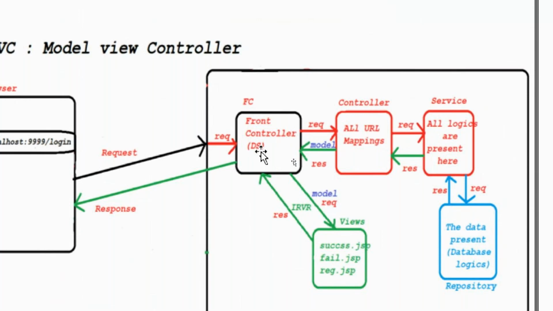How will the front controller identify the JSP file name? Because of these configurations. What configurations? InternalResourceViewResolver. Based on this InternalResourceViewResolver, it will pick the corresponding view name and give that view to what? Browser. Yes, here we need to configure two files in the XML configuration.